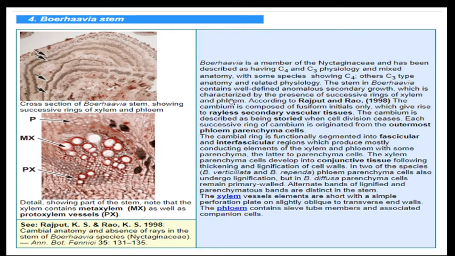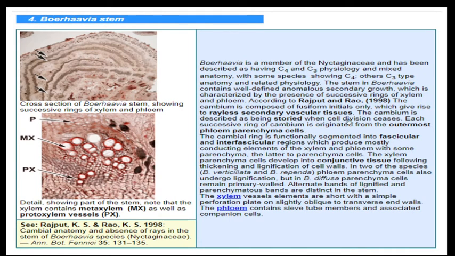So these successive rings are shown over here. These darkened layers which are present inside the cortical region are nothing but the anomalous secondary growth. According to Rajput and Rao in 1998, the cambium is composed of fusiform initials only, which give rise to rayless secondary vascular tissues, and the cambium is described as being storied.